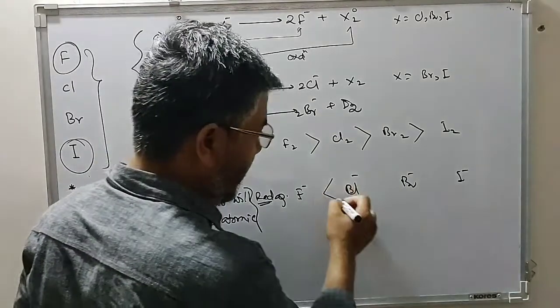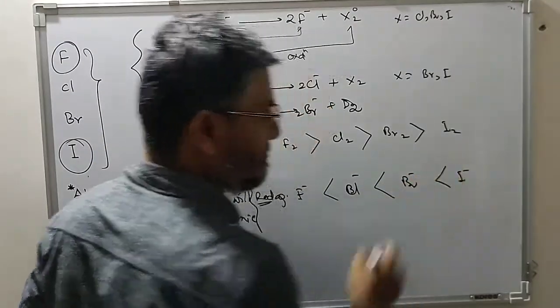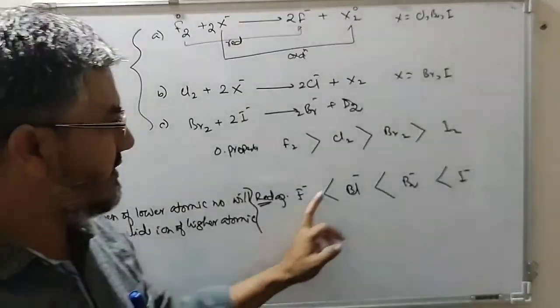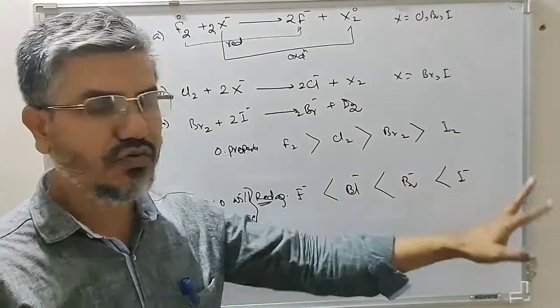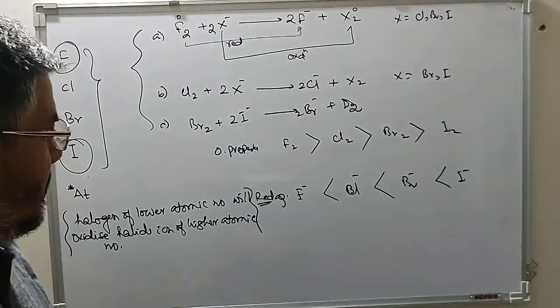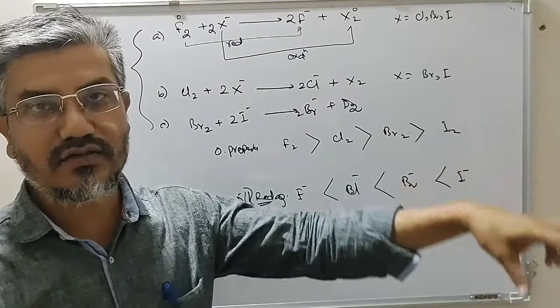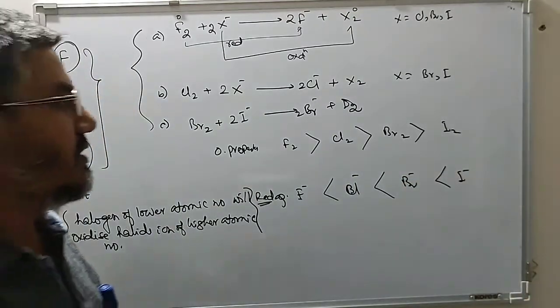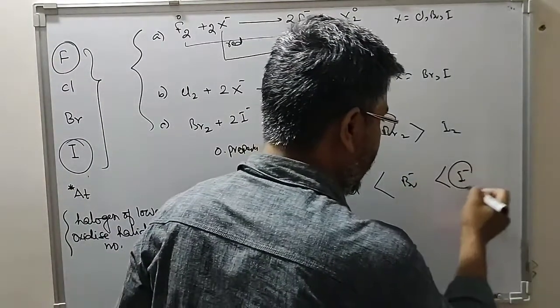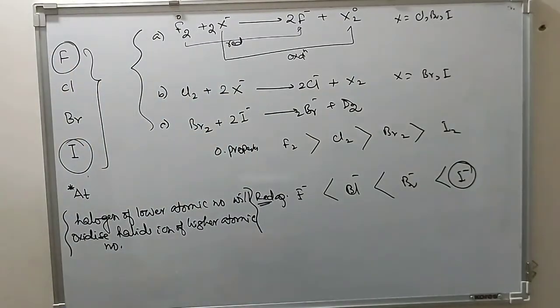So the reducing character increases from F minus to Cl minus to Br minus to I minus. So halide ions are reducing agents, whereas halogens are oxidizing agents. As a reducing agent, I minus is the strongest.